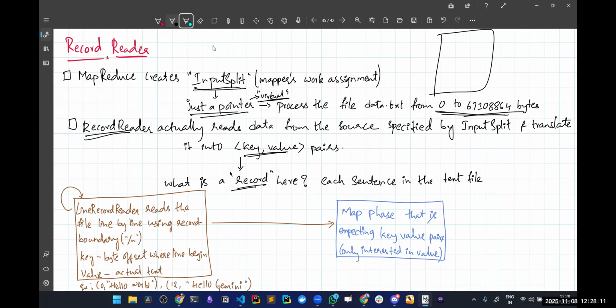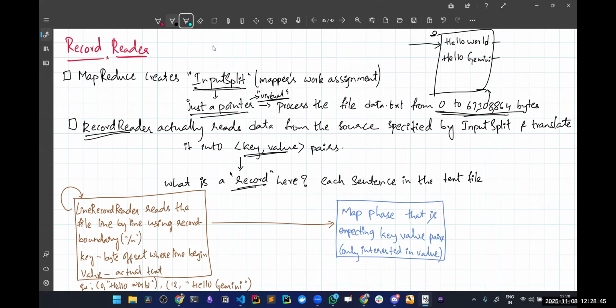Suppose I have a text file saying, okay, hello world, and hello Gemini. These two are completely different lines. So when the record reader tries to read this file, it will understand that I have to read from the zeroth byte to 67,108,864 bytes, which is the end of the file here.